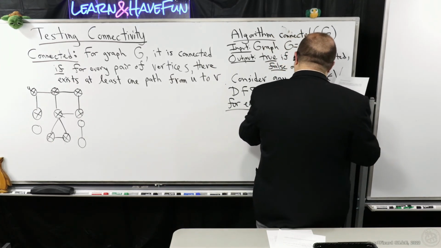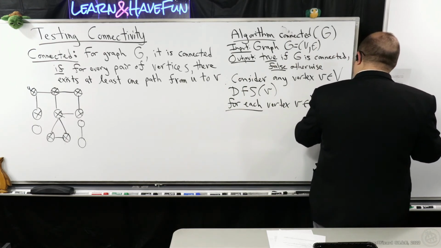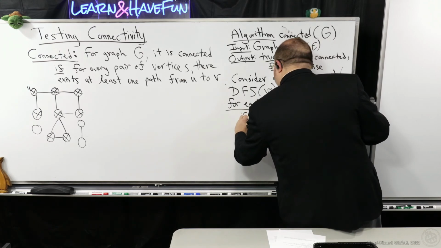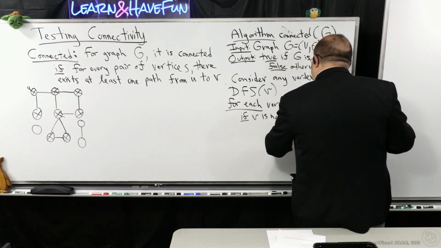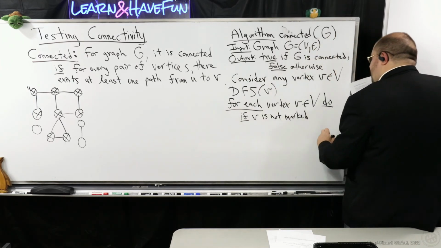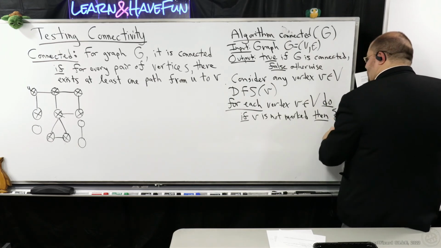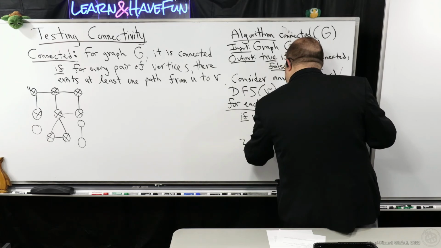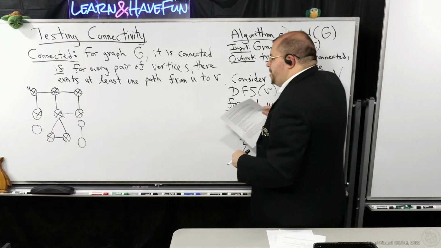For each vertex V in V, we're going to check if V is not marked. If V is not marked, then all you're going to do at this stage is just return false. You might say, Dan, why?